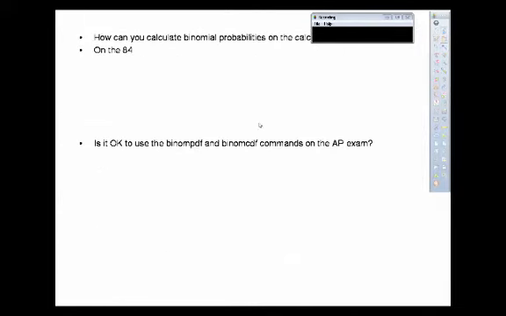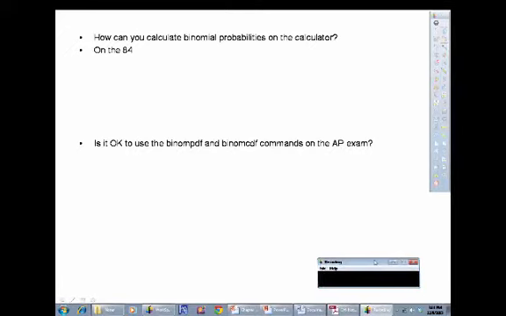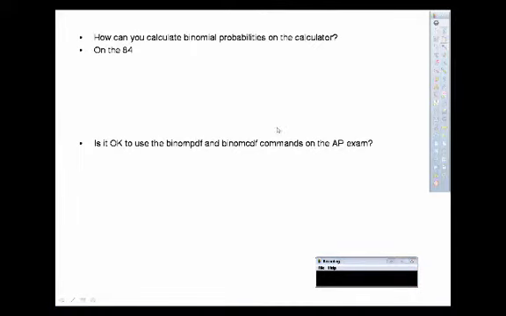Yikes. How can we calculate this on the calculator? I got it on the 84 for you. Go to second VARS and go to binomial PDF. N, P, K is what goes in there.